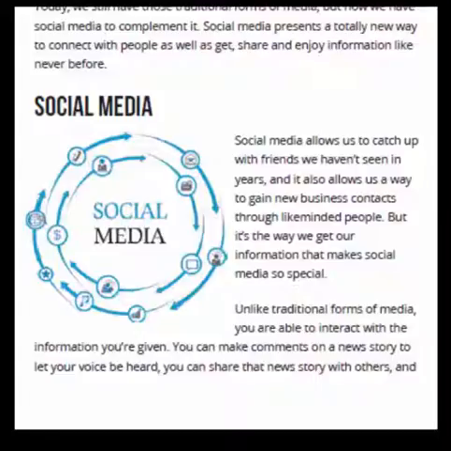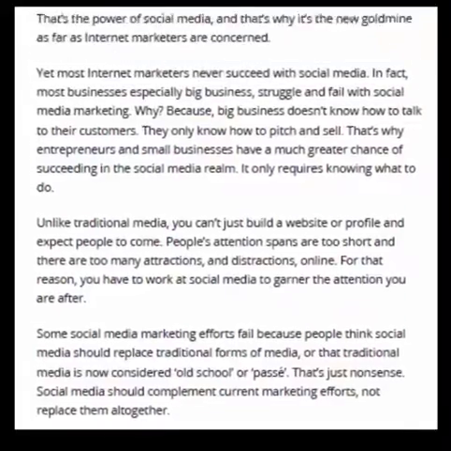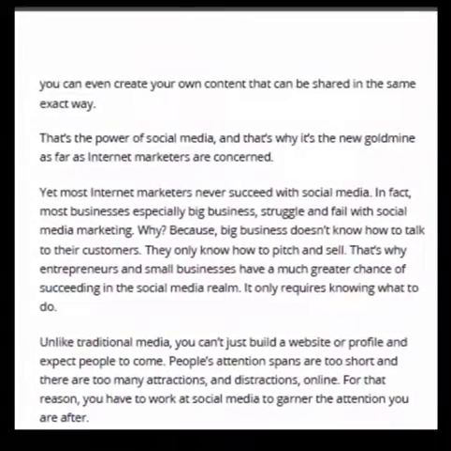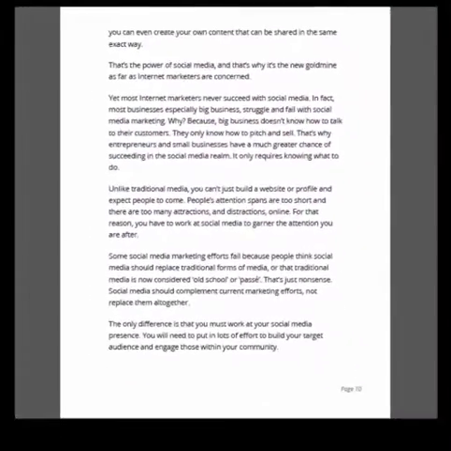But it's the way we get our information that makes social media so special. Unlike traditional forms of media, you are able to interact with the information you're given. You can make comments on a news story to let your voice be heard. You can share that news story with others, and you can even create your own content that can be shared in the same exact way.